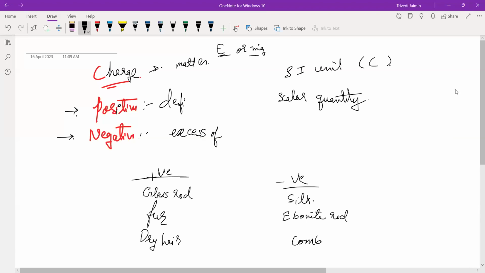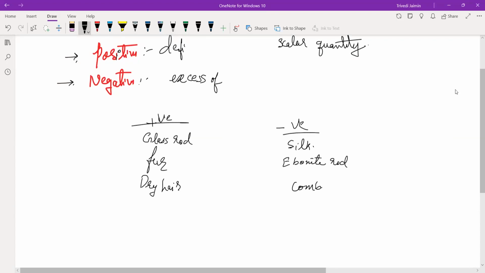You took a glass rod and some paper, or dry hair with a comb, and the hair starts flying or getting attracted towards the comb. Wool and amber. These are some standard pairs. Actually, yes, this is also our assumption; they don't have any charges exactly. But one thing you have to assume, like just now I assumed that from the left my charge is moving to the right. It's not necessarily like that.